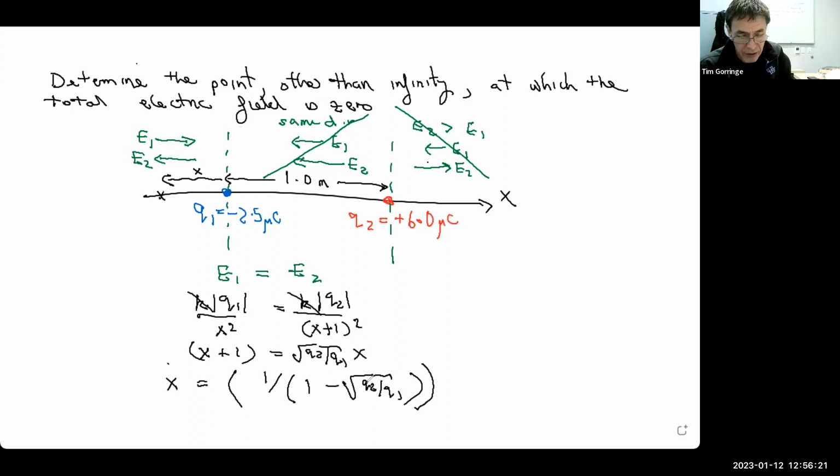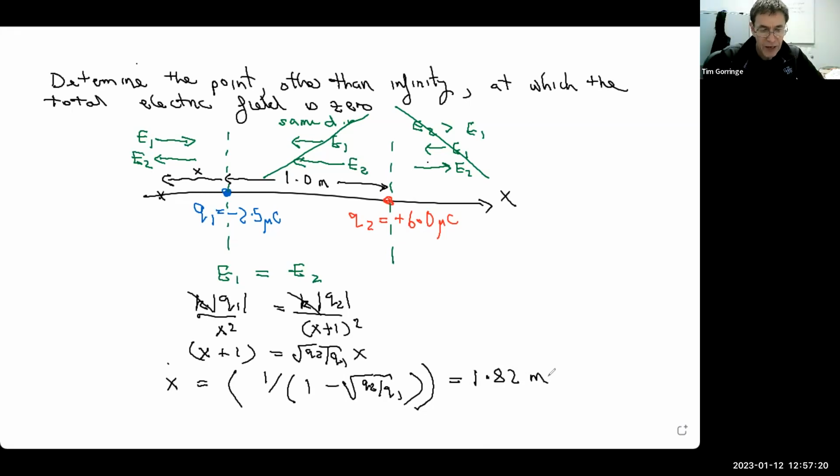And so I can plug in Q2 is 6 microcoulombs, and Q1, referring to its size, is 2.5 microcoulombs. So this is the square root of 6 divided by 2.5. If I do this calculation, the number that I get is 1.82 meters.